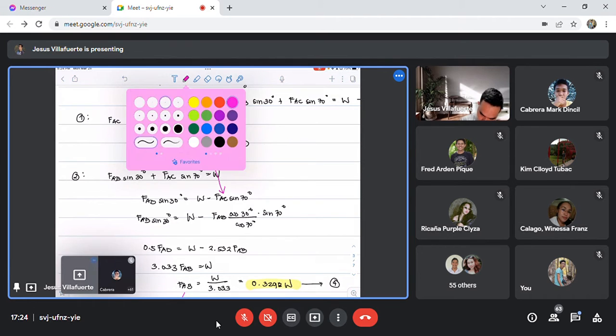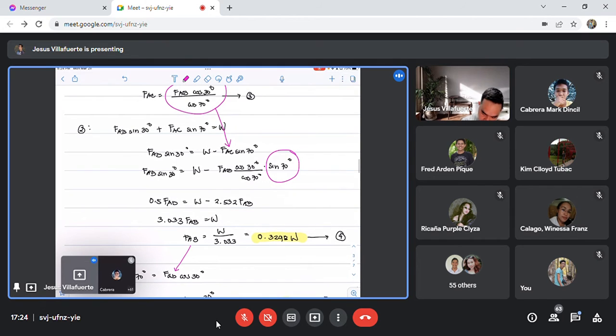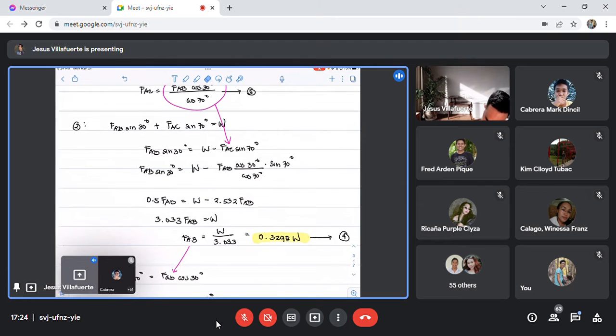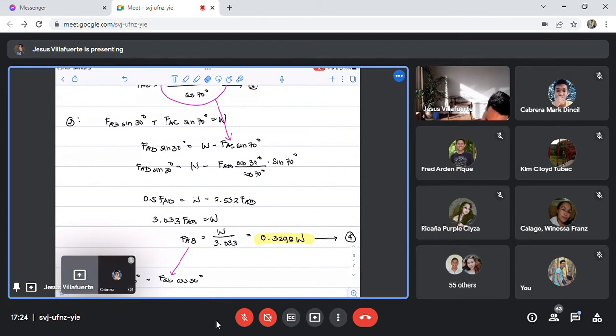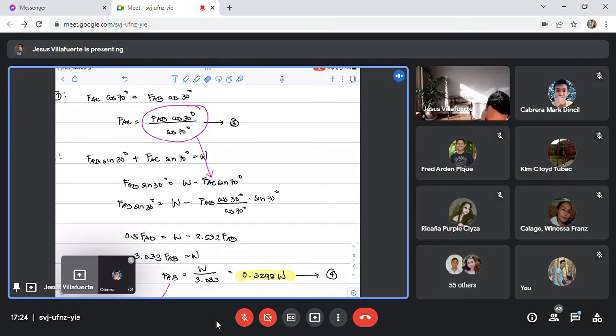Okay, thank you for that. Let's try to solve it again. So there should have been FAC sin 70, yes, there should have been sin 70.